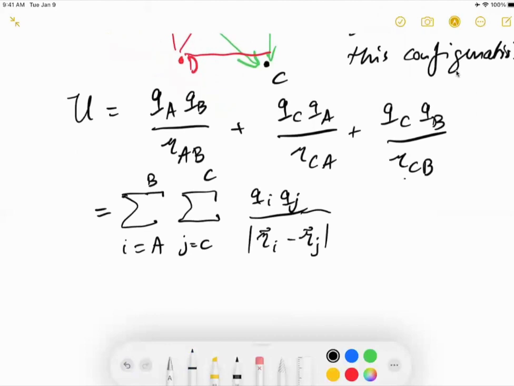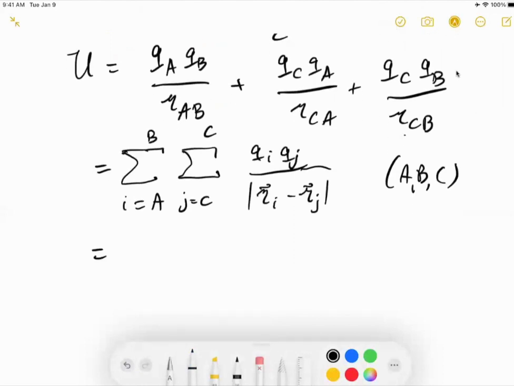This is for only A, B and C, if we now increase this, so it's 1 to n minus 1.